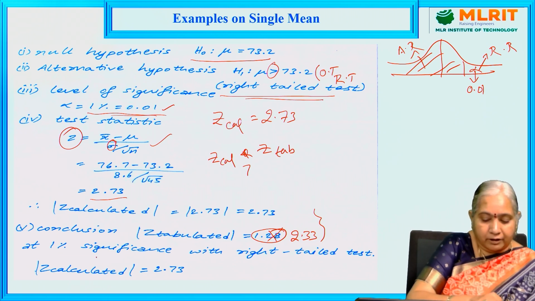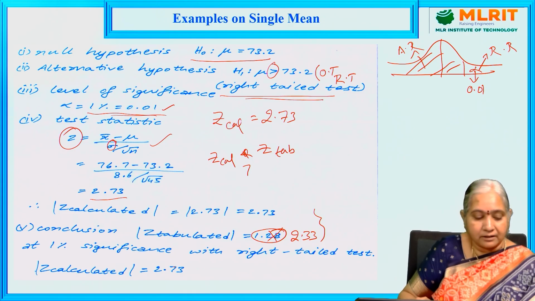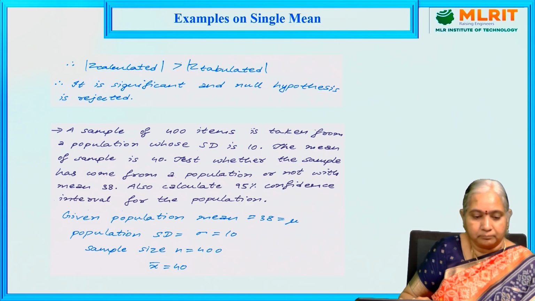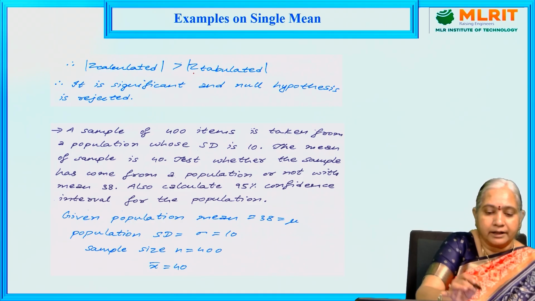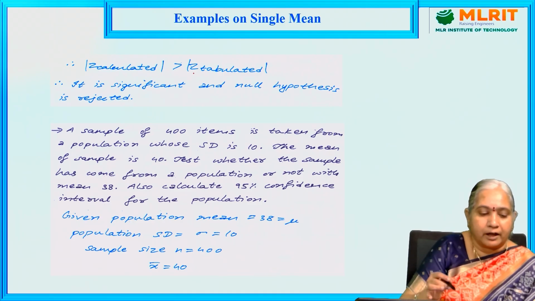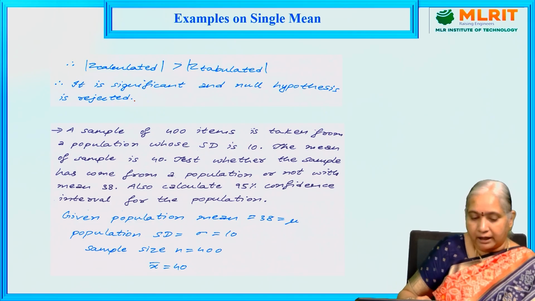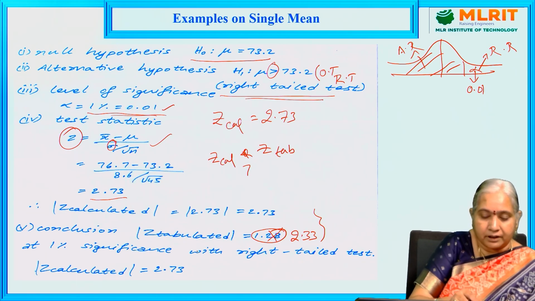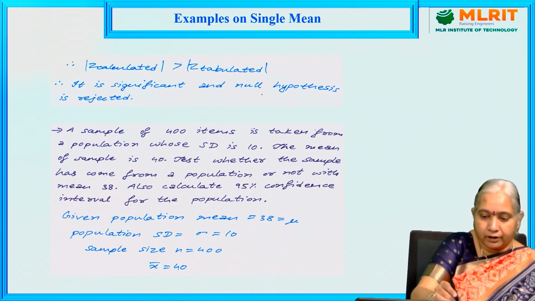Therefore, at the 1% level of significance, we reject the null hypothesis. Z calculated is greater than Z tabular value, so we reject the null hypothesis H0 at the 1% level of significance. We have rejected.